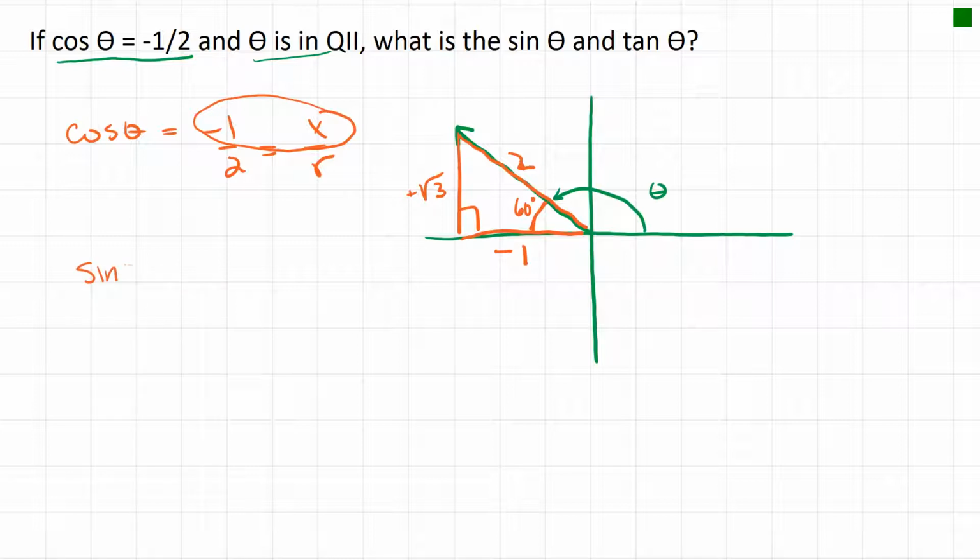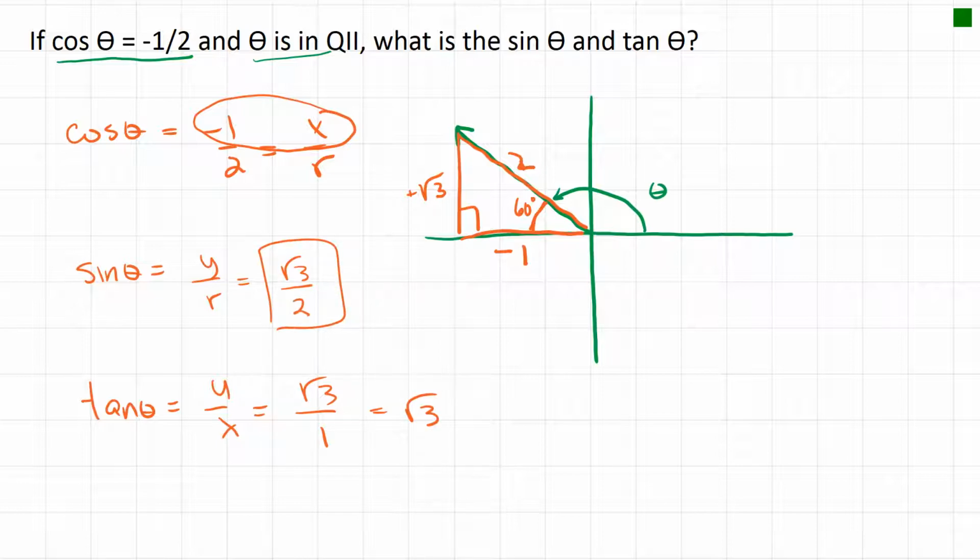The sine ratio, I can just use the lengths of the sides for this. The sine ratio is y over r, which is root 3 over 2. And the tan ratio is y over x, which is going to be root 3 over 1, and I simplify that to just root 3. So I didn't need to use the reference angle, I just drew that to show you that you can identify it and use it in a different way if the question was asked a little bit differently.